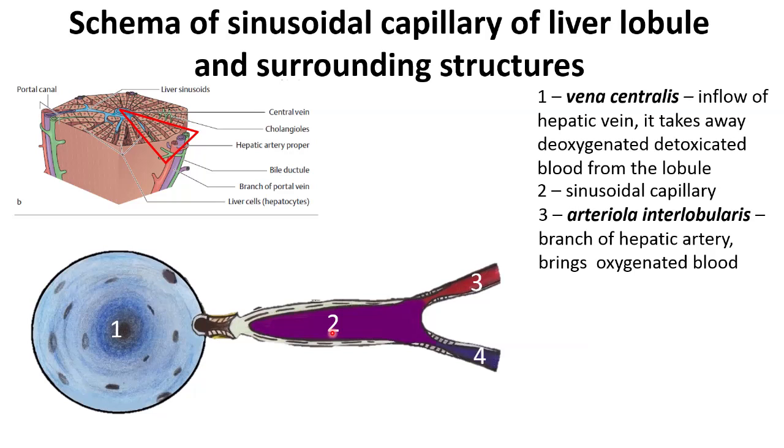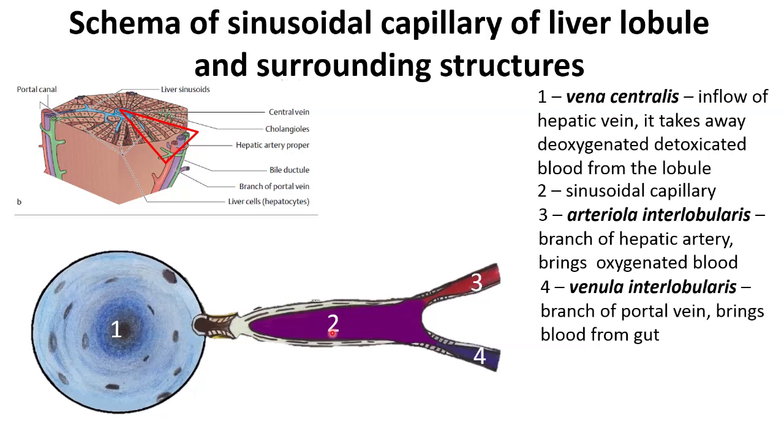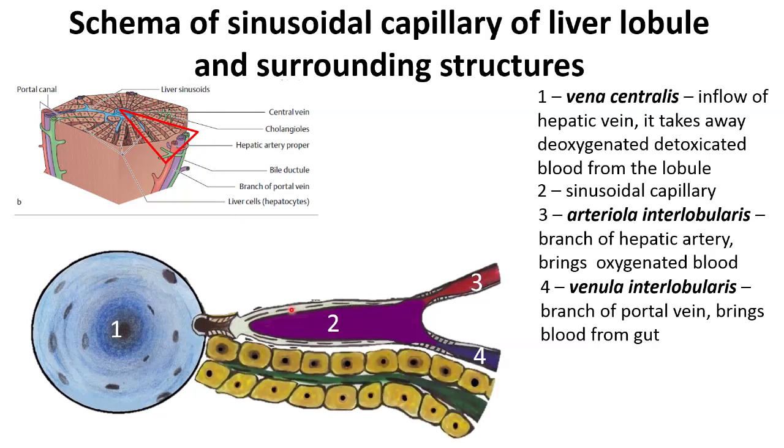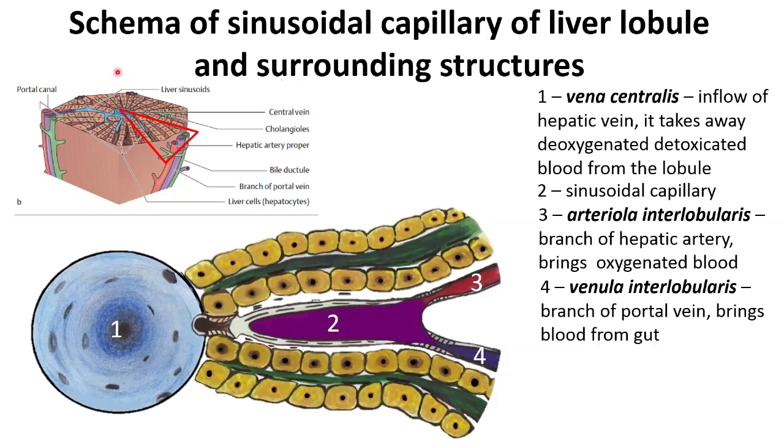And here number 4 is venula interlobularis, which is the smallest branch of the portal vein and which brings blood from the gut for filtering from foreign particles and molecules. And where are the hepatocytes? They are on both sides of this sinusoidal capillary, and let us draw it. Here it is from one side, and here it is from another side.